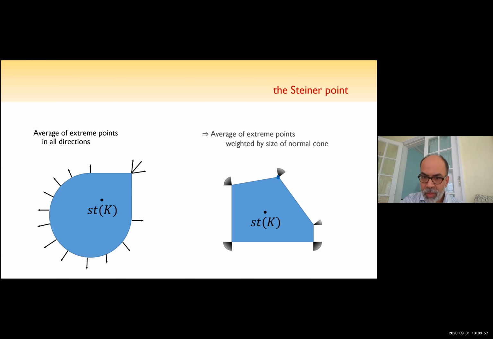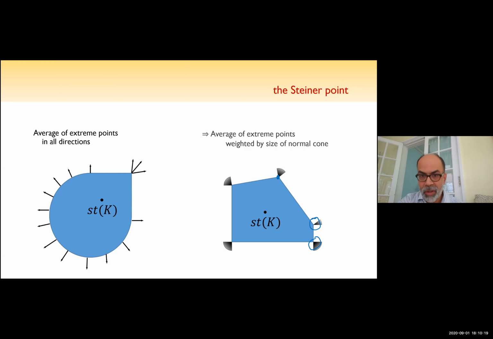There's a tiny little normal cone for this guy. There's a bigger normal cone for this guy. But it is what it is, right? I know that phrase has become laden with political significance nowadays, but we're in a mathematics talk, so it's all right. Okay, so this is the Steiner point.